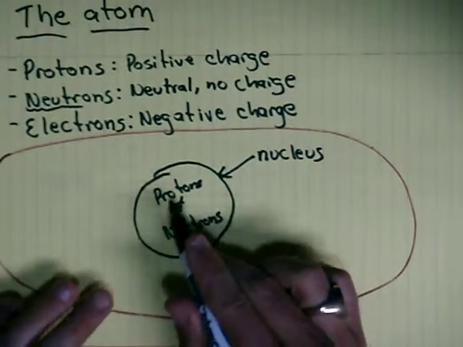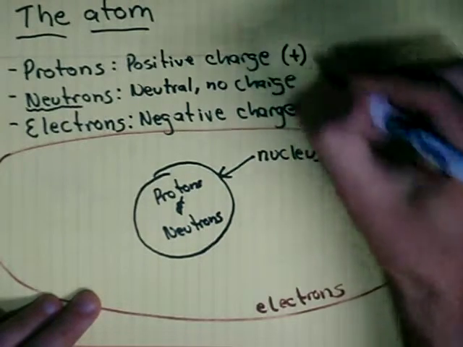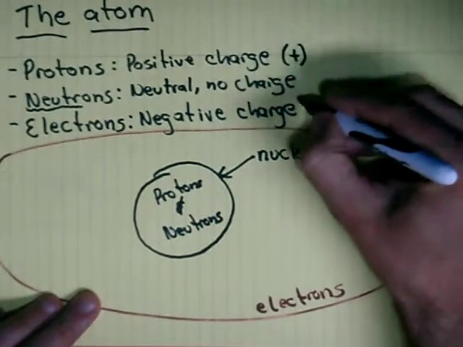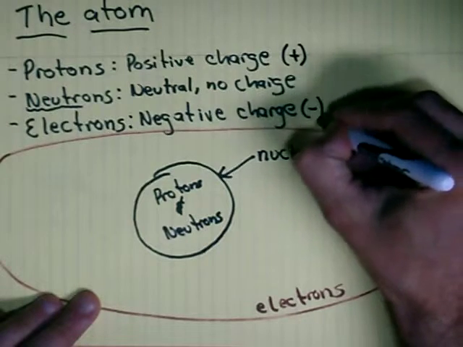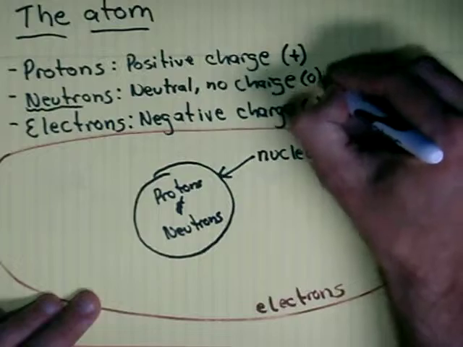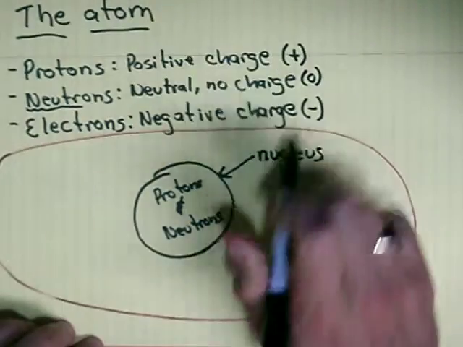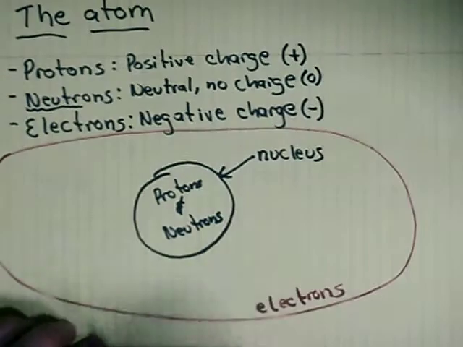So protons, remember, positive charge, so we usually use a plus. Electrons, negative. And then sometimes you might see a 0, just to indicate no charge. So that's just to note positive charge, negative charge.